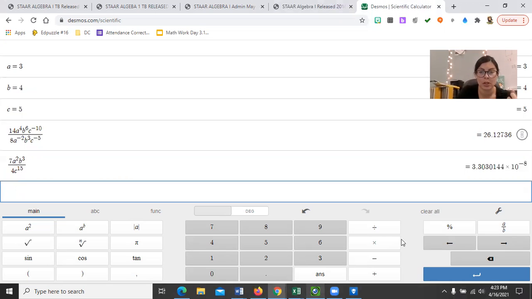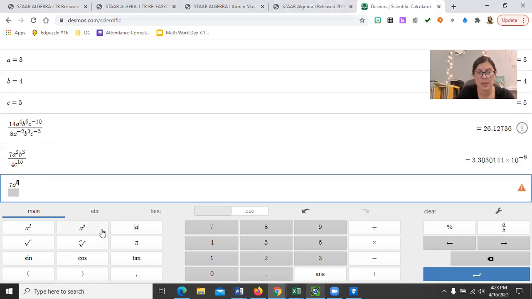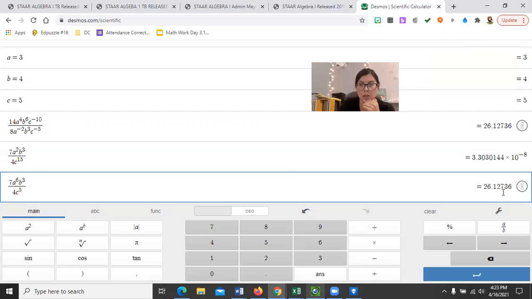This is, remember, check our work. 7A to the power of 6, B to the power of 3 over 4, and then to the power of 5. So notice my answer is the same as the one in the question. All I did was I substituted a number for every letter, and then I used that.